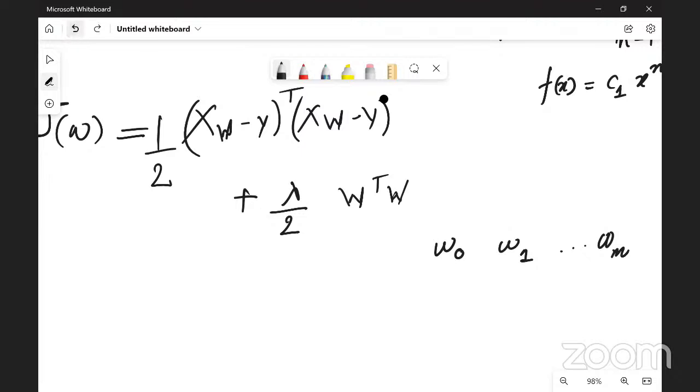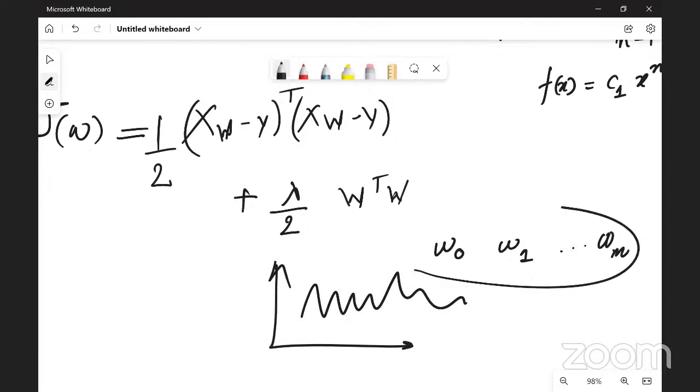Can anybody tell me why this is going to work? Sir, as the model tends to overfit, this W0, W1 up to Wm, they also tend to grow. You're absolutely right. So whenever a function has too many fluctuations or curves, you'll notice that the values of these individual weight components will be very, very large. That's a sign of overfitting, and we want to make use of that.